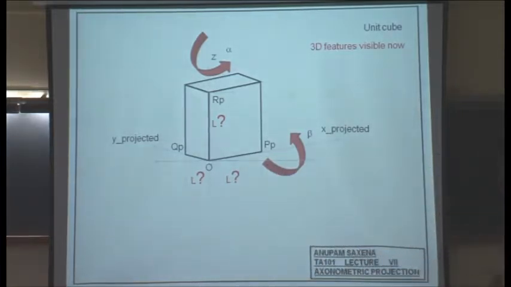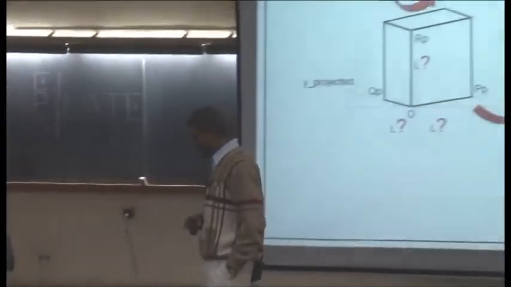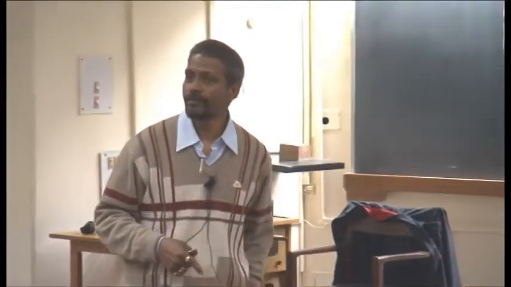In this case, any idea? We need mathematics for this, no? But would you say that these lengths are equal to 1 or less than 1 or greater than 1, all three of them? All three of them less than 1. Fine.